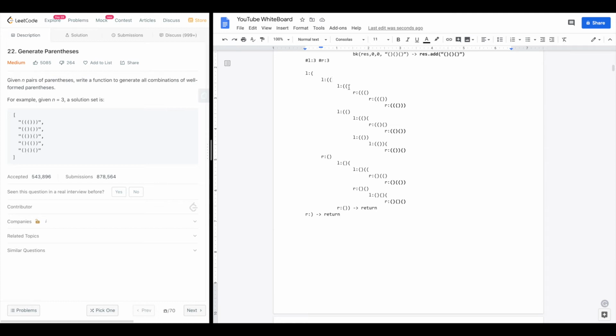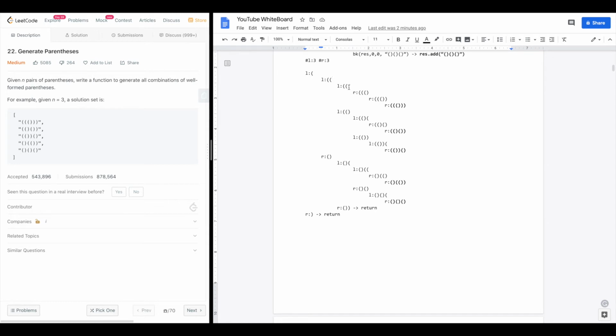But the precondition of this two-choice step is that if the remaining number of left parentheses is bigger than my remaining right parentheses, we need to return, right?